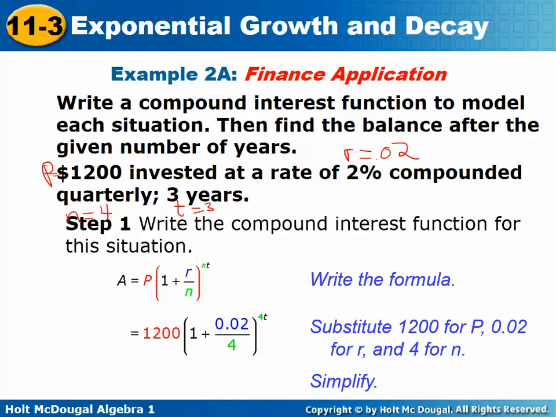You first need to divide 0.02 divided by 4, and that is 0.005, and then we would add 1 to that. So we have 1.005, and then that'll be raised to the 4 times t power, and then the 12,000 is the principal amount.